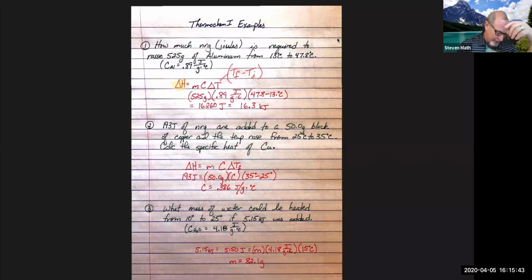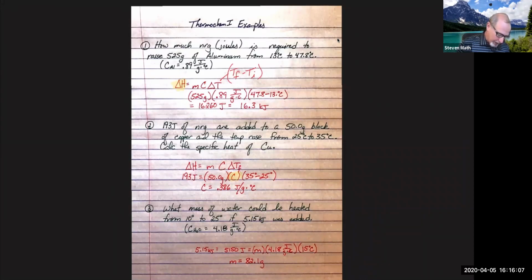We have 193 joules of energy added to 50 grams of copper, and the temperature rose from 25 to 35. Calculate the specific heat. Now our variable, which I'm shading in yellow, is going to be c. Let's take a look at what we have.